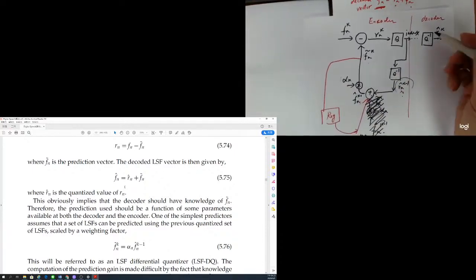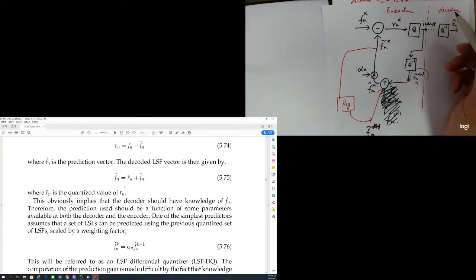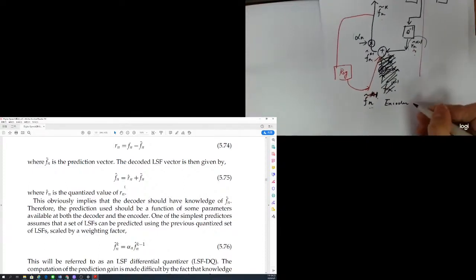Because the encoder has to include the decoder, they try to make sure they are synchronized together.